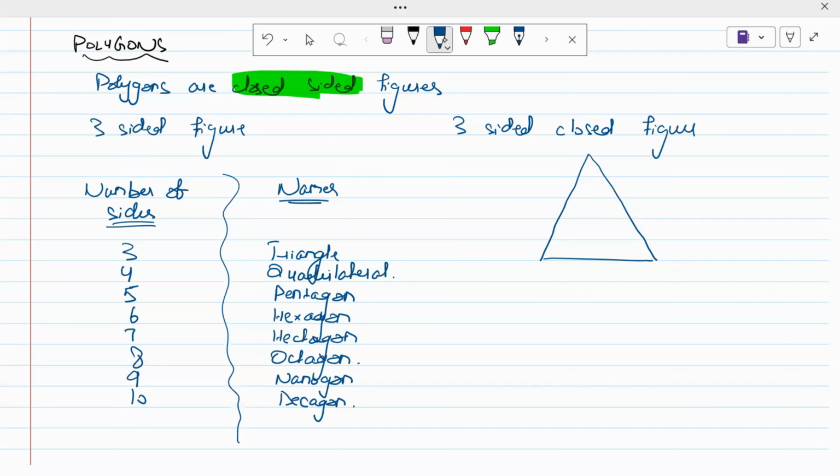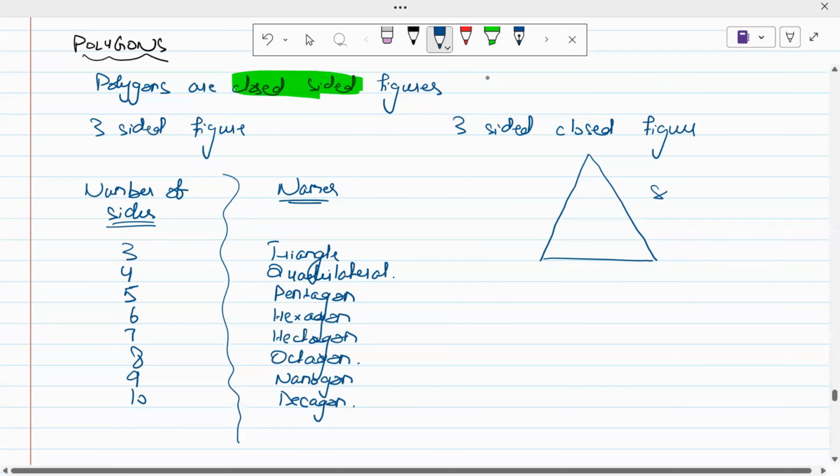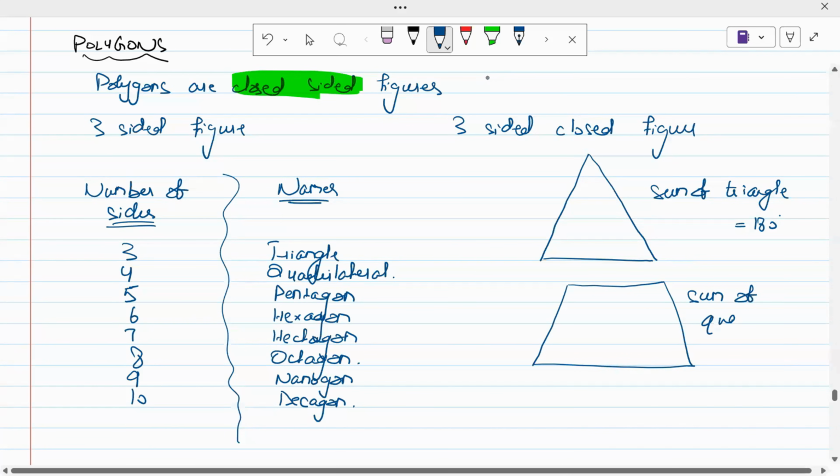All right, now we know that for a triangle, the sum of the triangle is 180. When we say sum of triangle, that means the sum of all 3 angles. When we talk about a quadrilateral, it's a 4-sided figure, and the sum of all 4 angles inside a quadrilateral is 360.